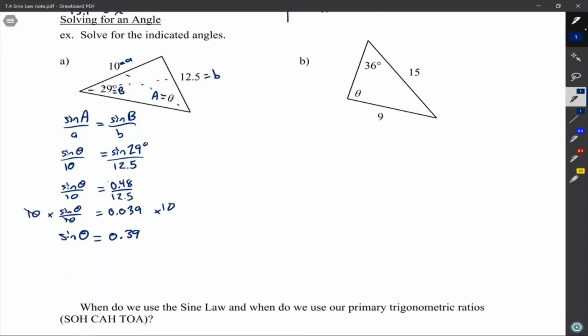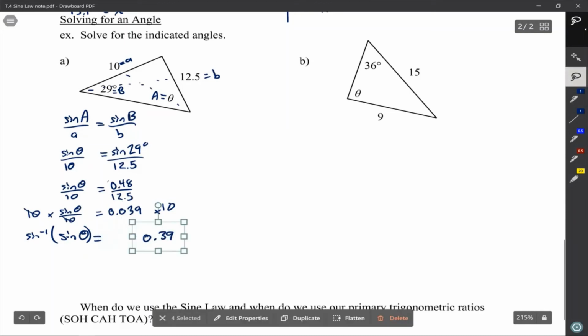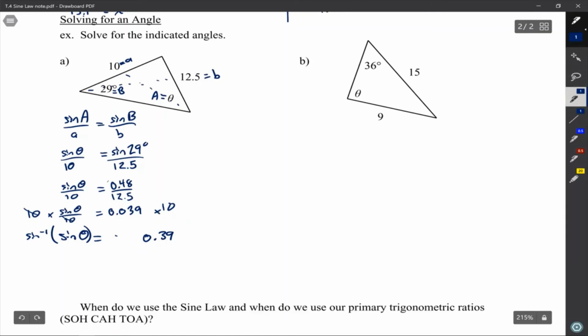And we know how to deal with this. We did this earlier when we worked with trig. When we're isolating for theta, we'll use our inverse sine function, that's sine -1, on the left side, and we'll use that same thing on the right side. Inverse sine.